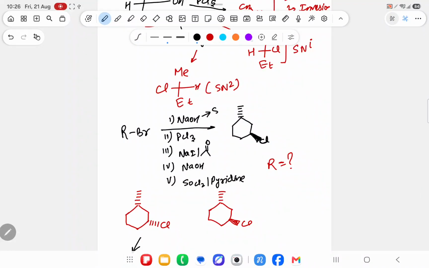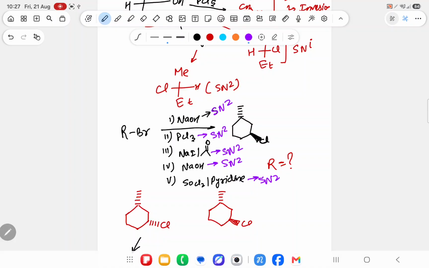This will do SN2. In electrophilic aromatic substitution, I dictated in the last part, 2 degree in a polar protic solvent will do SN2, 3 degree SN1. Over here, it will do SN2. Finkelstein will also do SN2. It will also do SN2. All will do SN2 only.